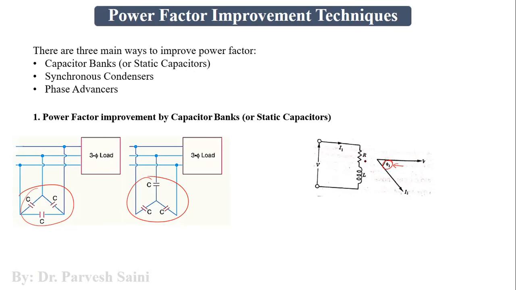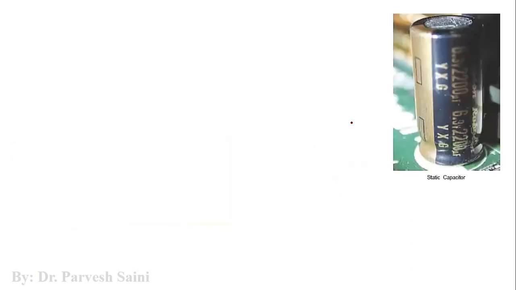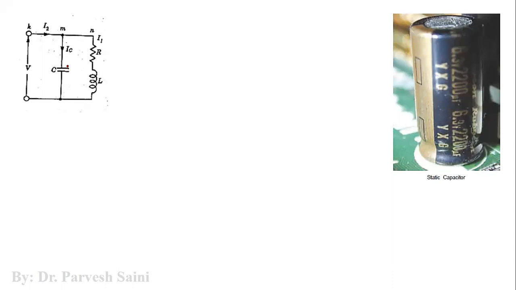Now we know that in case of an inductive load, the voltage leads the current by some angle phi, or you can say current lags the voltage by some angle phi, right? Now these are the static capacitors which can be used. Now if we connect a capacitor in parallel to the load, what will happen?